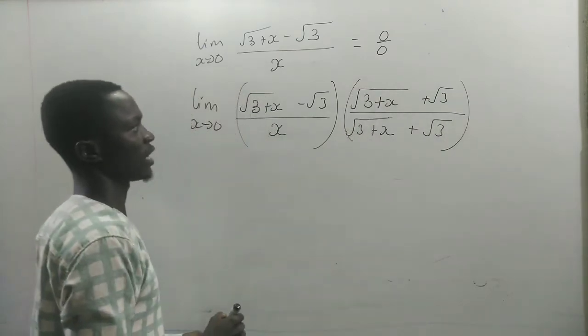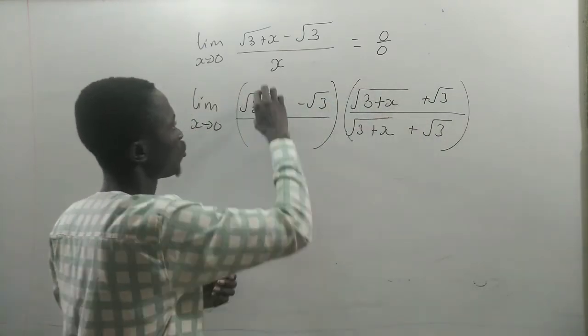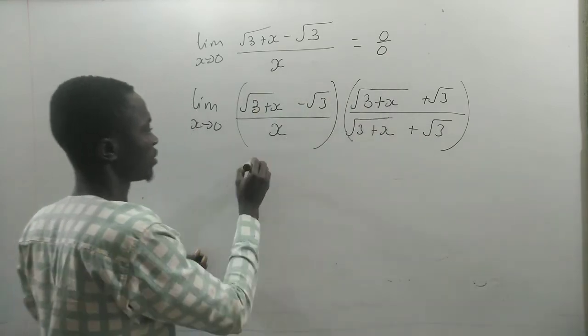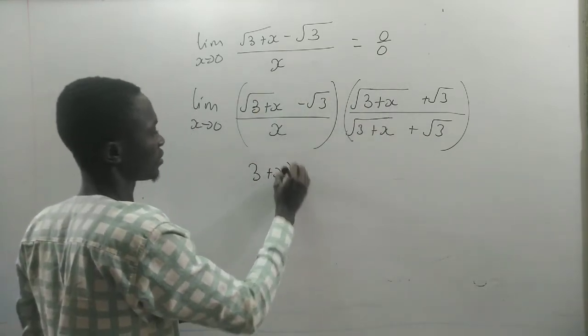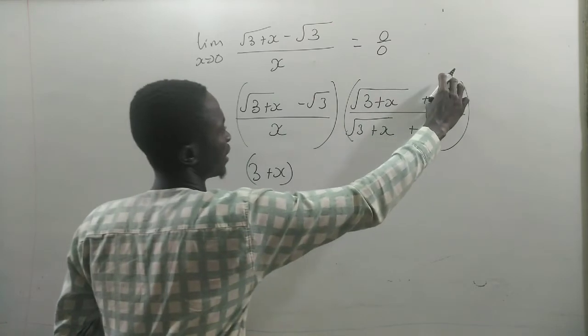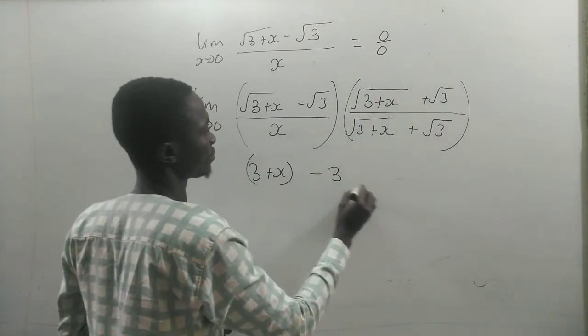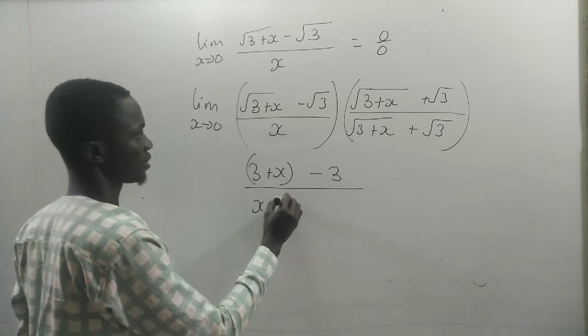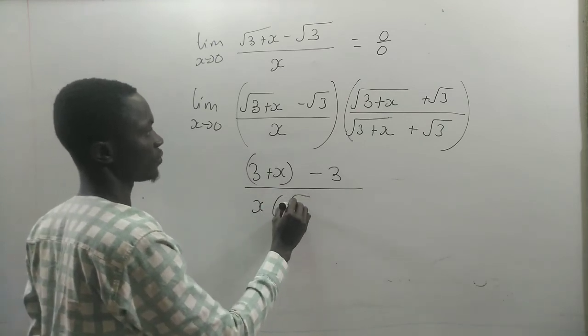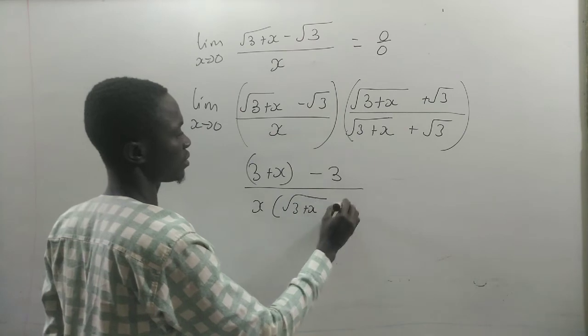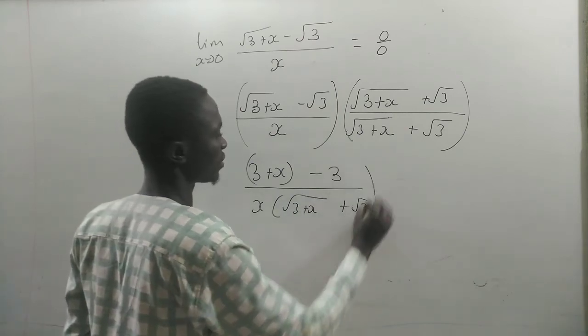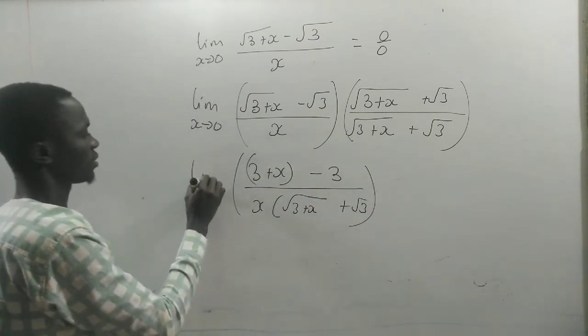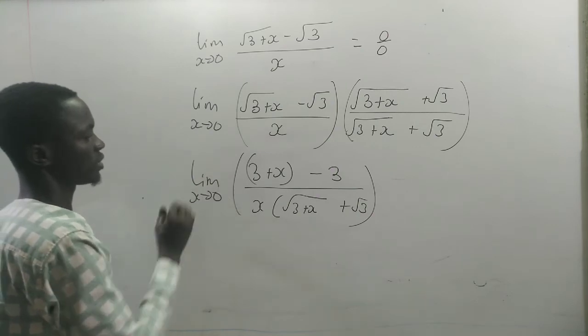Since we have a difference of two squares here, multiply the first one by the first one to get 3 plus x, and multiply the last one by the last one to get negative 3, all divided by x times square root of 3 plus x plus root 3, and bring the limit as x approaches 0.